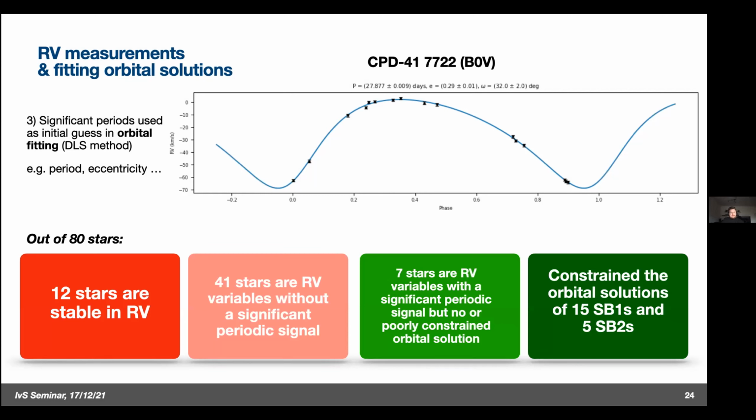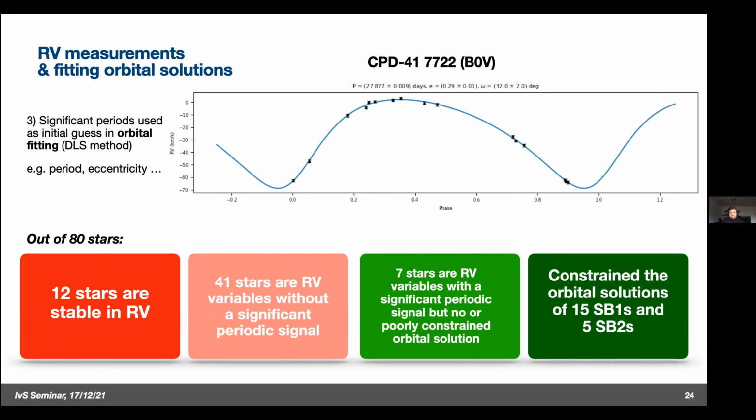Out of the 80 stars, we find that 12 are stable in radial velocity, and 41 are radial velocity variables without a significant periodic signal. For these two groups, we say these stars are single stars. Then we have stars that are radial velocity variables with a significant periodic signal, so we find a period for them, but we do not find an orbital solution.